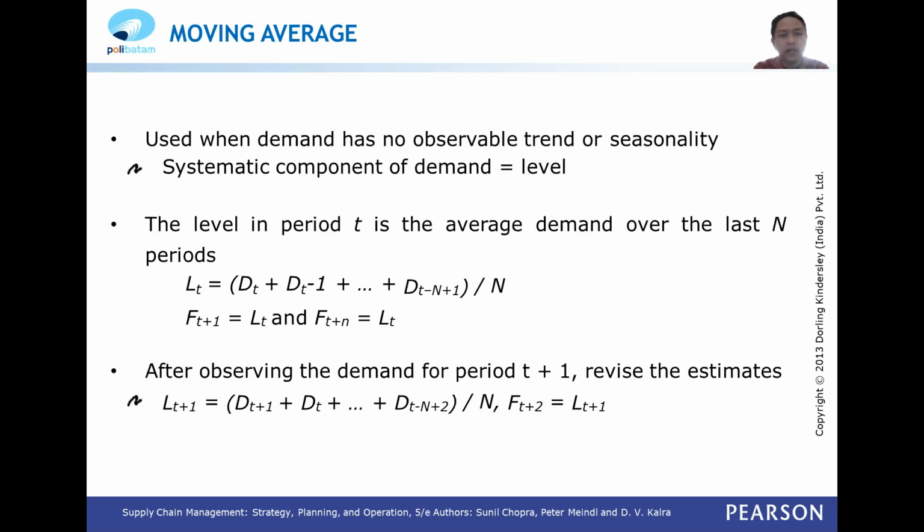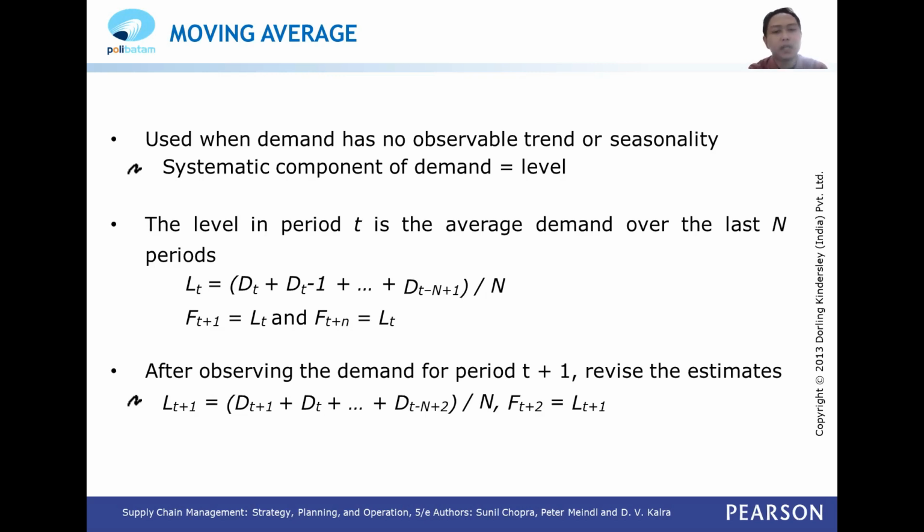LT, or level in time period T, equals DT, or demand in time period T, plus DT minus 1, or demand in time period T minus 1, and so on, summing up the demand over n periods. Then the sum of all demands in n periods is divided by n, the number of periods used in this calculation.